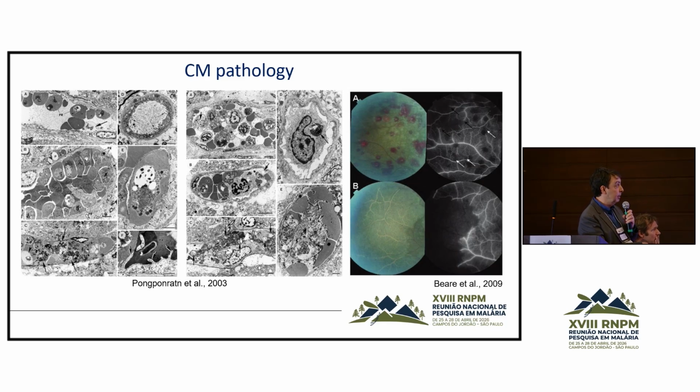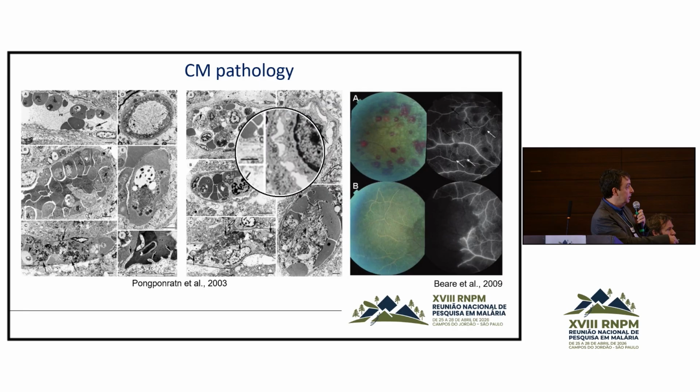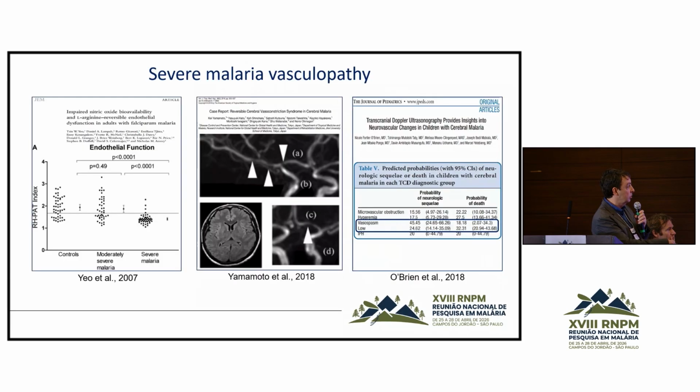As Maria showed very briefly, just the pathology, malaria is a hematological and vascular disease, and severe malaria is very severe to the vascular system. It is characterized, as Maria said, by the parasites in the endothelium of the brain that might lead to a very intense inflammatory process with a lot of leukocytes in the brain.